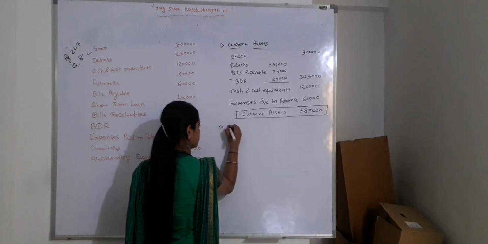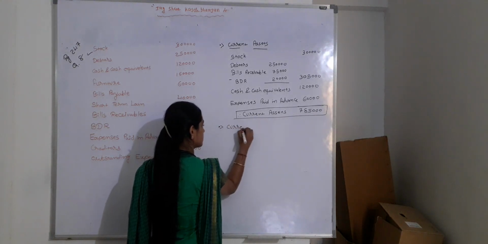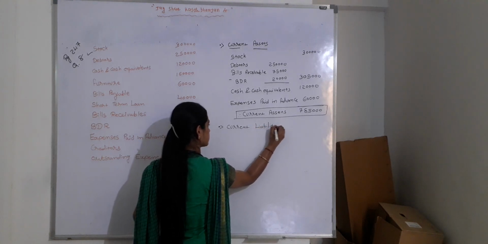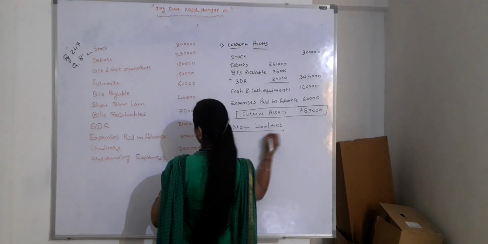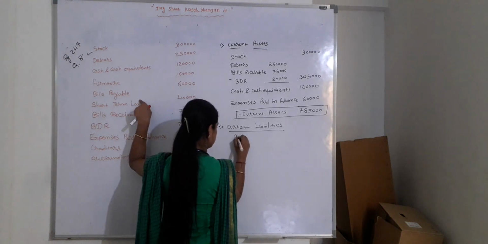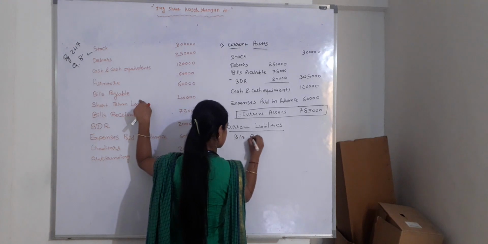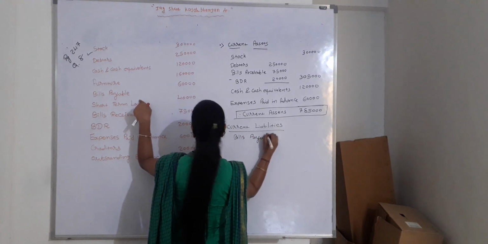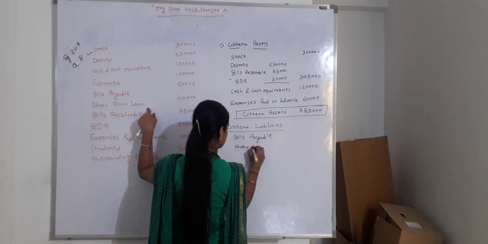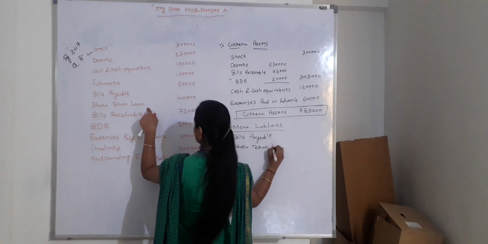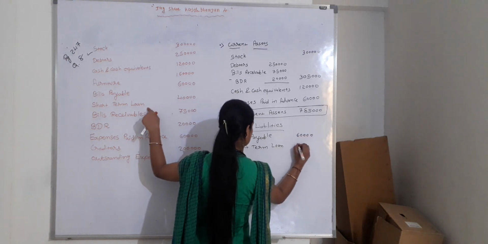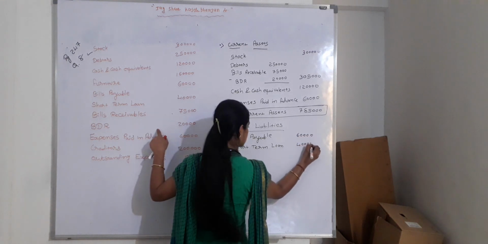Next, we have to find current liabilities. In current liabilities, bills payable, short-term loan, 60,000, 40,000.